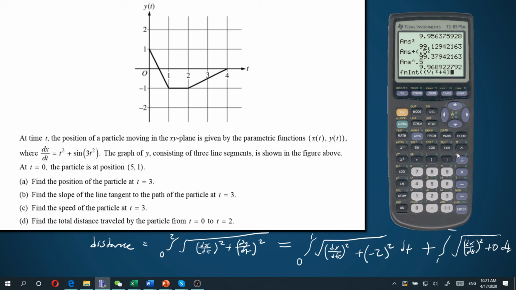Y1 squared plus 4 underneath the square root, in terms of x from 0 to 1. And y1 squared plus 0. It's really just y1 I should have written, but that'll work as well.